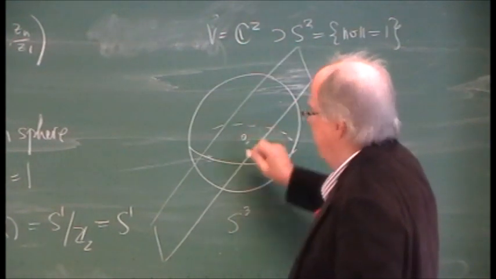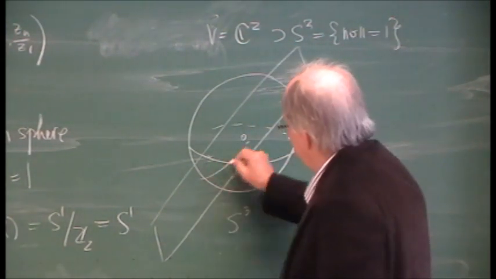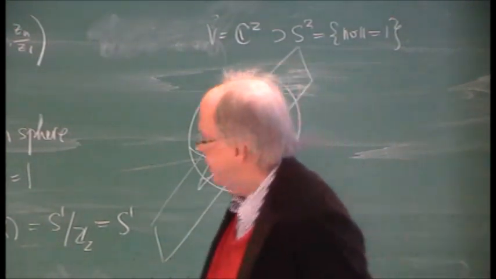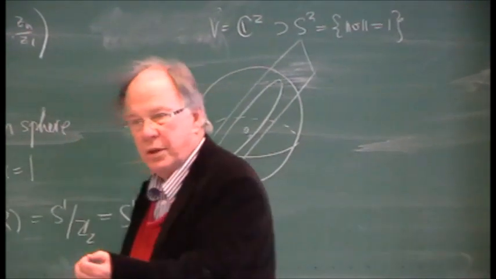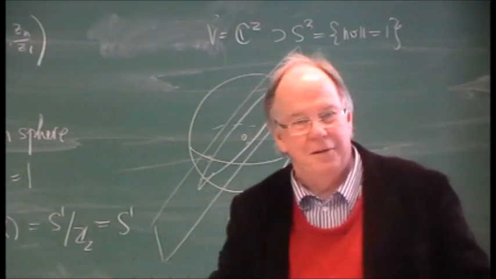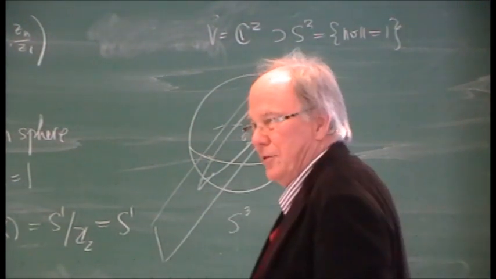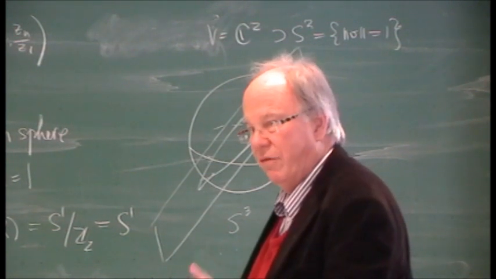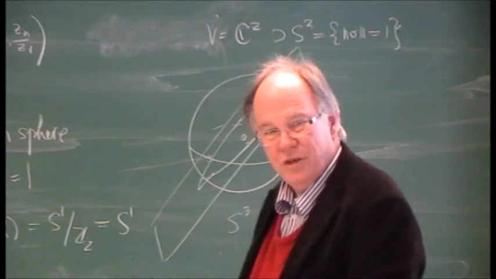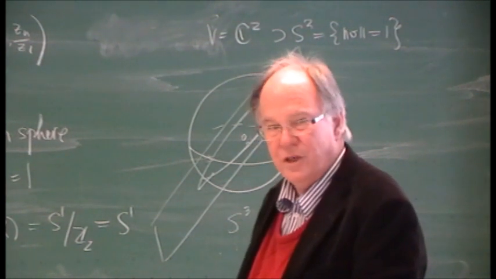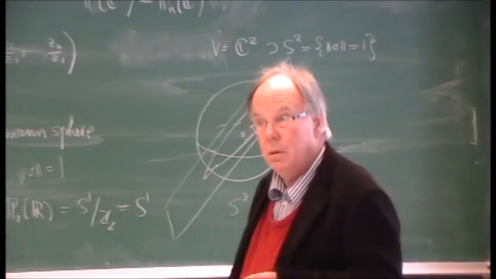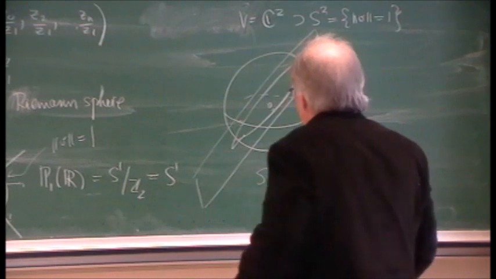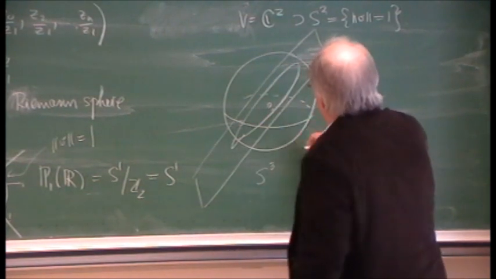This is a complex line, and this complex line intersects the 3-sphere in a circle. Here you intersected the real thing in 2 points. That's just the fact that the 0-dimensional unit sphere consists of 2 points, while the 1-dimensional unit sphere is a circle.